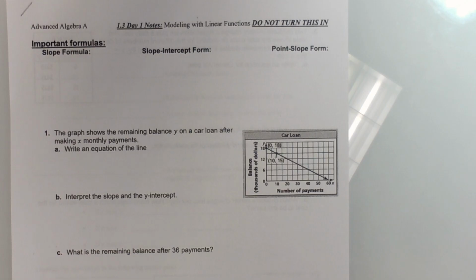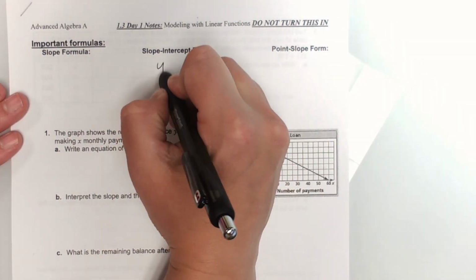You need to know the formula for slope. Do you remember that one? Y equals mx plus b is not slope. That is slope-intercept form.